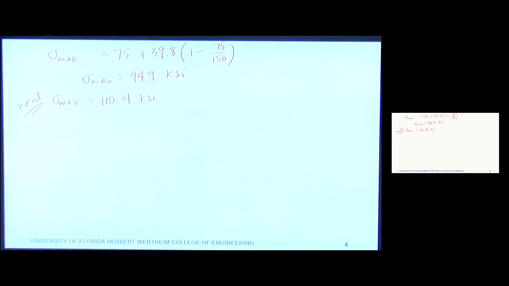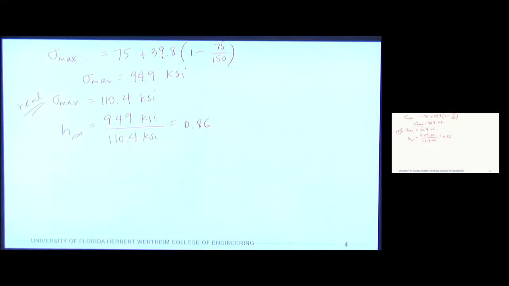So our factor of safety, call it n for infinite life, is equal to what we need divided by what we actually have. And we come up with 0.86, so that makes sense, right? We said before, we're not going to get infinite life. Our factor of safety on that is 0.86.